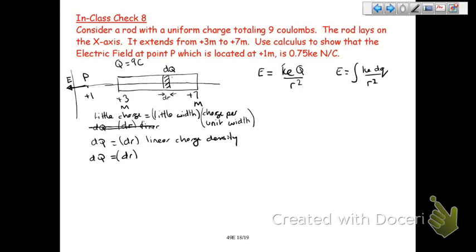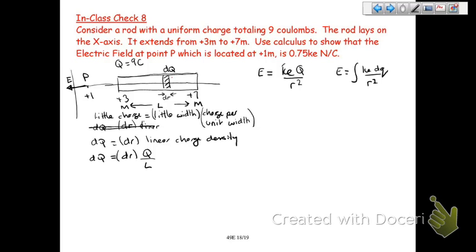My linear charge density is the total amount of charge, which is q, over my total amount of width, which is L. Okay?